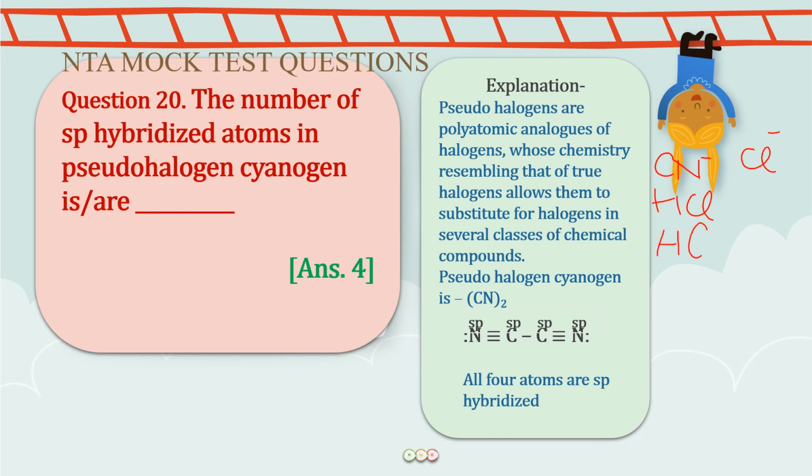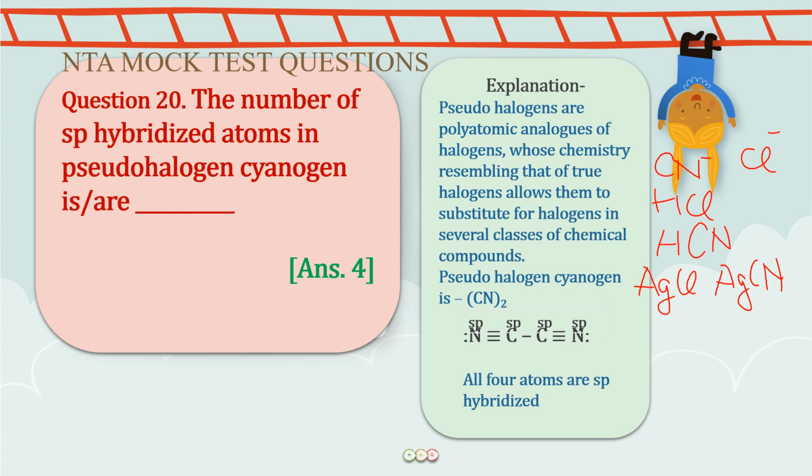Similarly, cyanide forms HCN. Silver chloride is insoluble in water. Similarly, AgCN is also insoluble in water. So these polyatomic compounds have properties similar to halogens. They are called pseudo halogens, not halogens, but with properties similar to them.